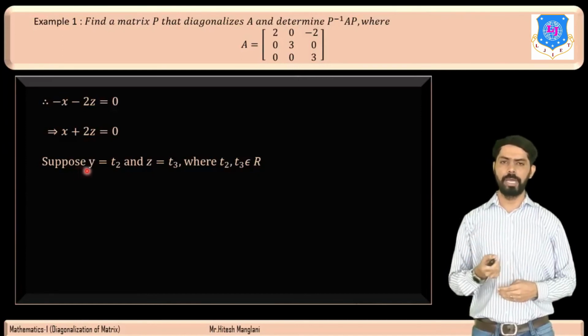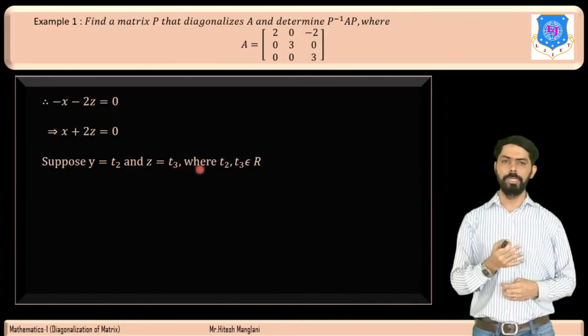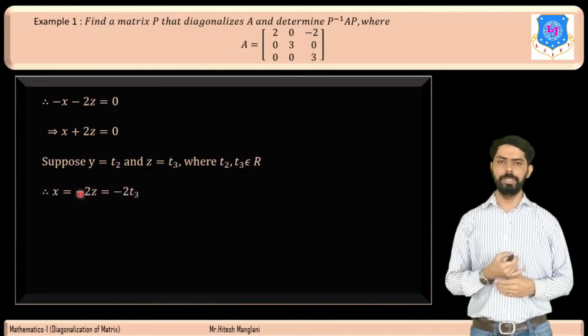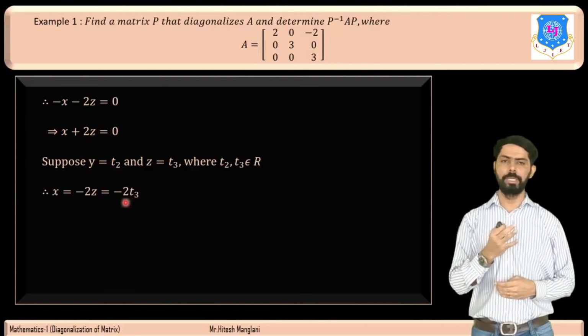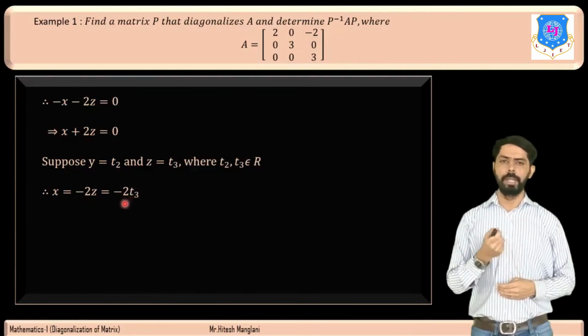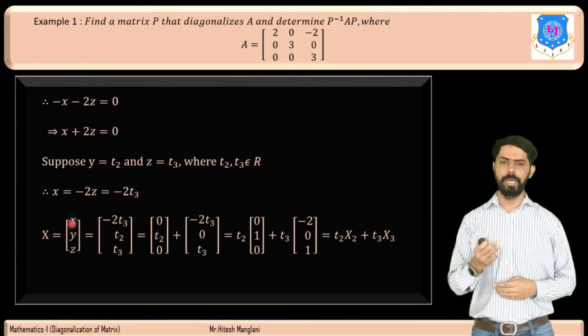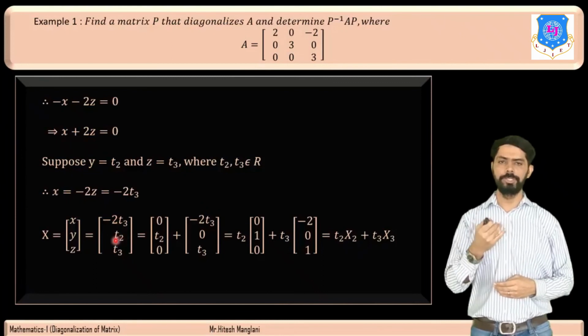So we suppose y and z as free variables: y is equal to t2 and z is equal to t3, where t2 and t3 belong to R. From this equation, x is equal to minus 2z, and z is t3, therefore x is equal to minus 2t3. Now, as we have to find the eigenvector capital X, which is given by (x, y, z), here x is minus 2t3, y is t2 and z is t3.